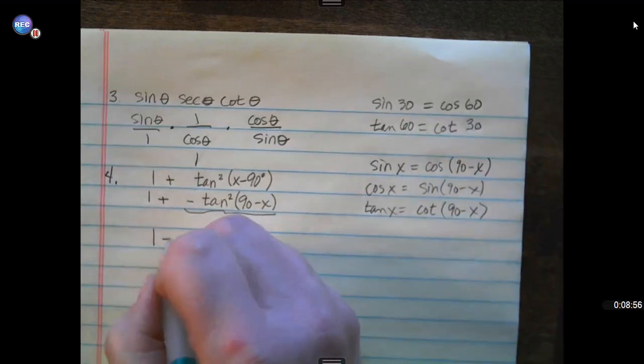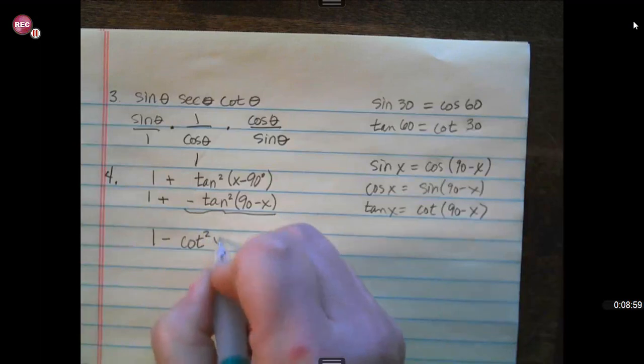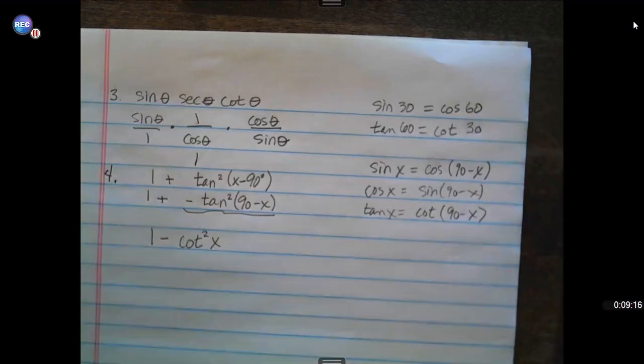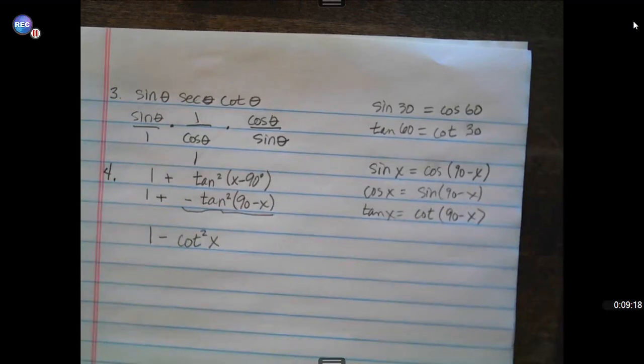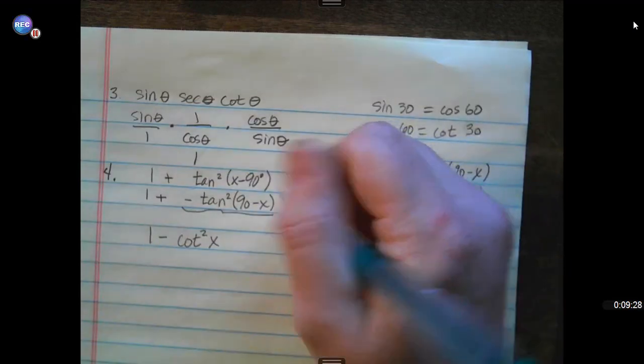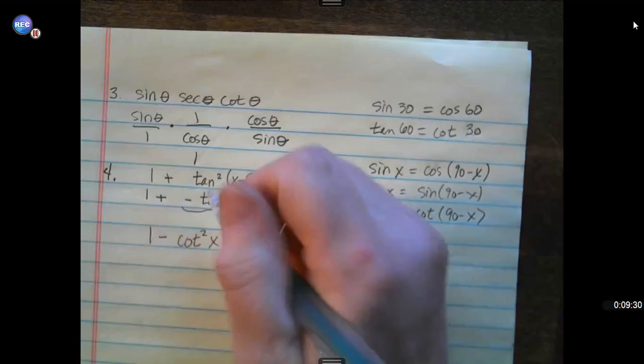So I get 1 minus cotangent squared x. I'm not sure. I've confused myself, sorry.